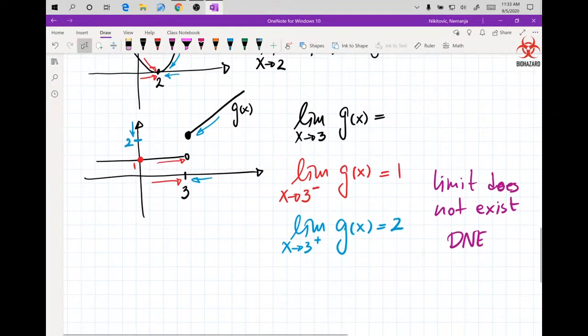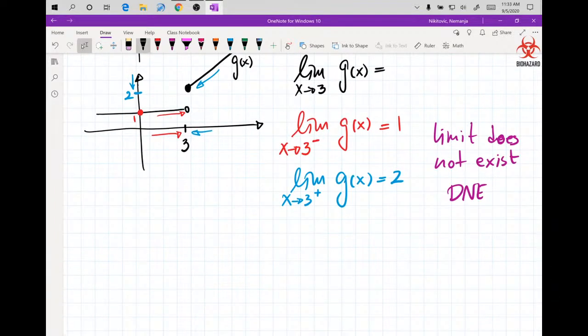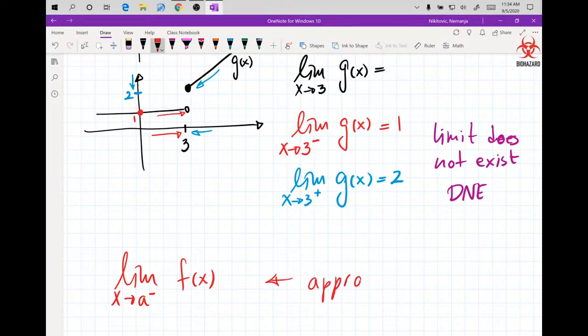So let's take a look at the notation here. When I write limit of f of x as x approaches a minus, this is approach from the left.